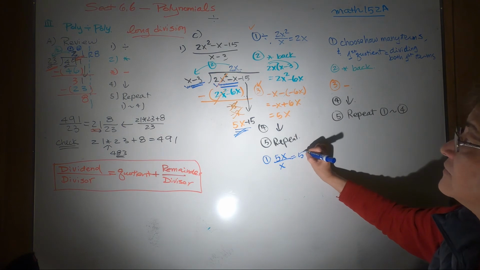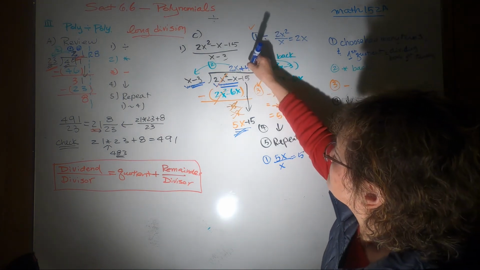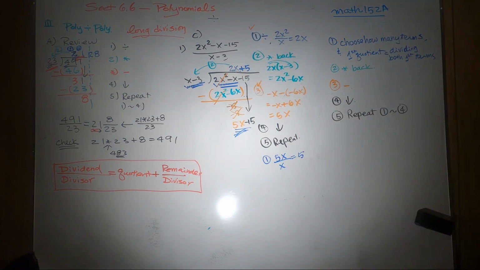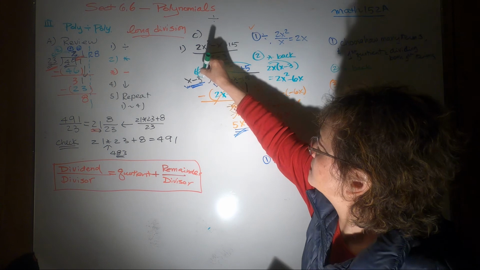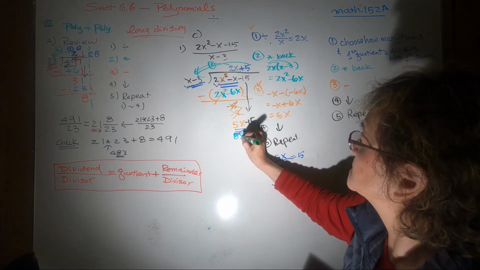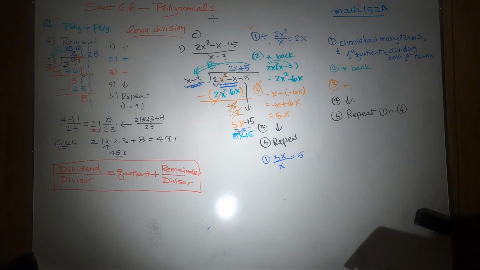So that's 5, positive, you add a 5. Then what's your next step? Multiply back. So it will be 5x minus 15.